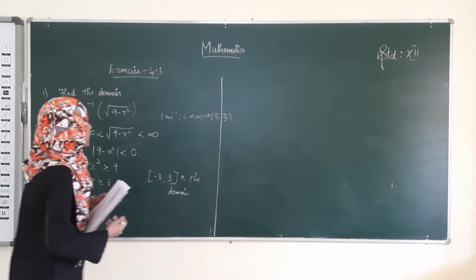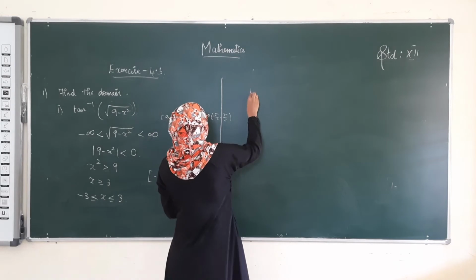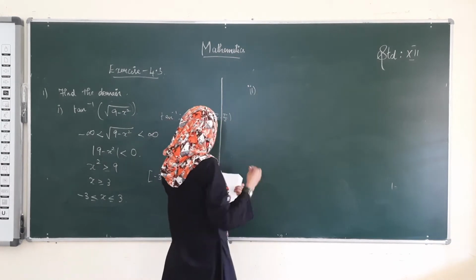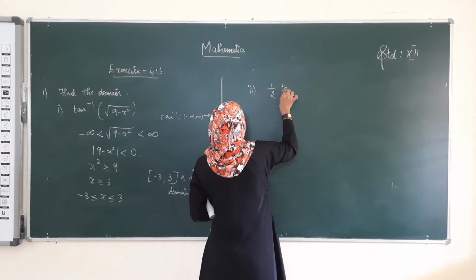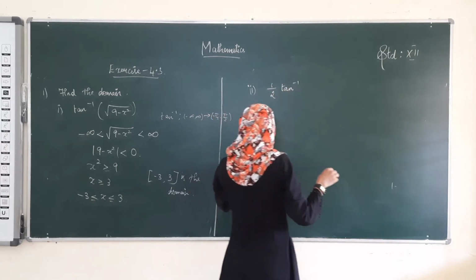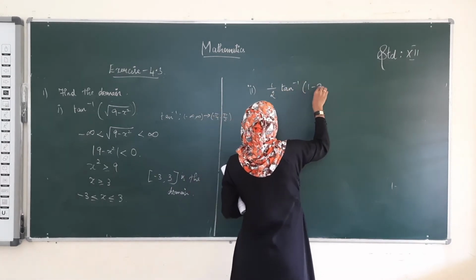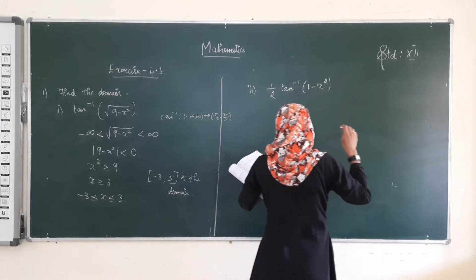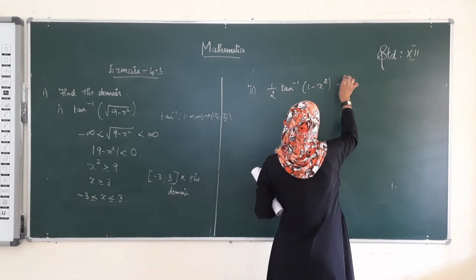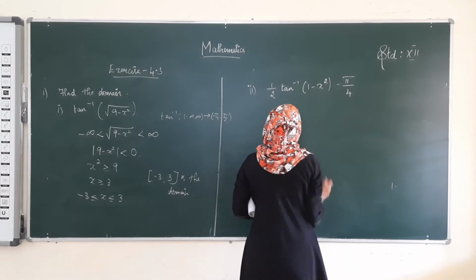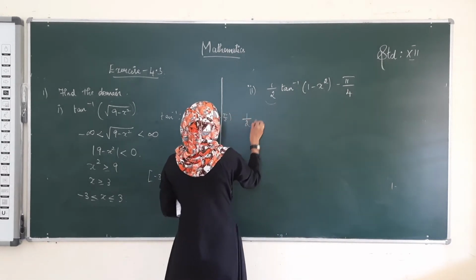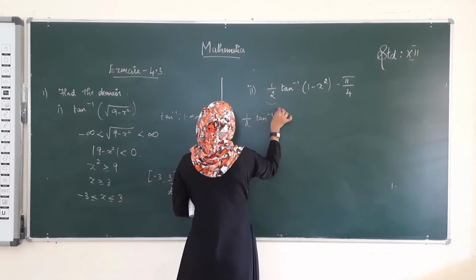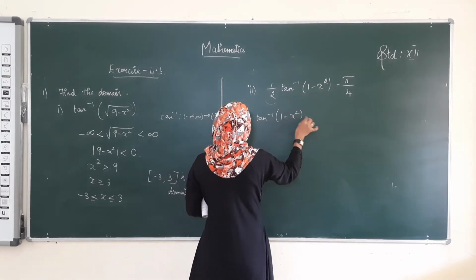Okay. See the second subdivision. Second subdivision, 1 by 2 into tan inverse of 1 minus x squared, minus pi by 4. Let us take this alone, that is 1 by 2 into tan inverse of 1 minus x square alone.